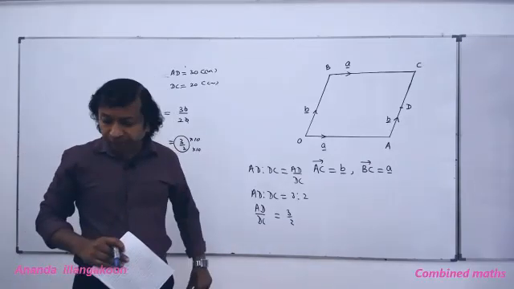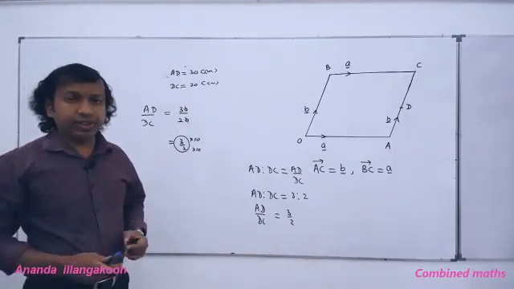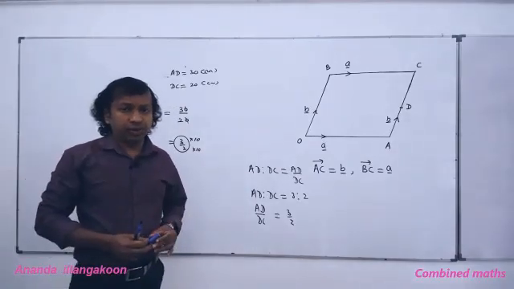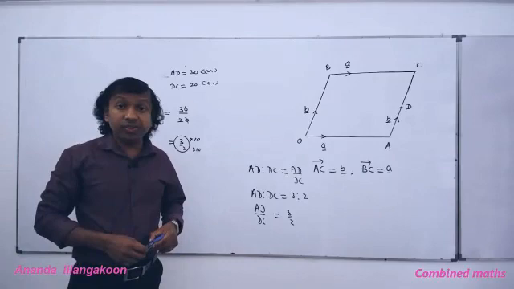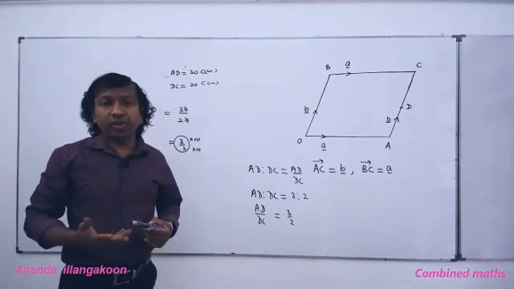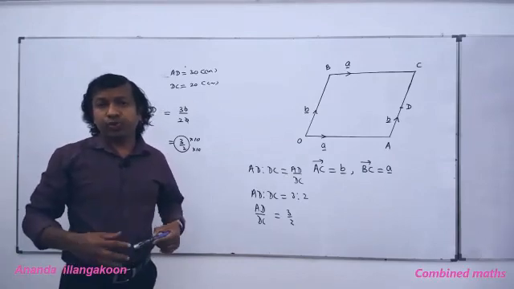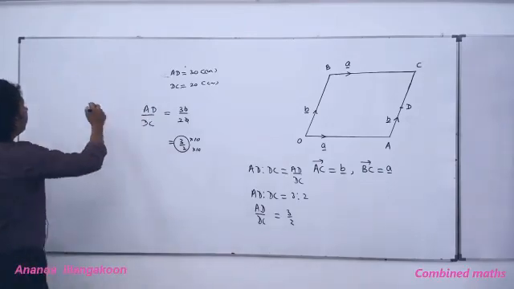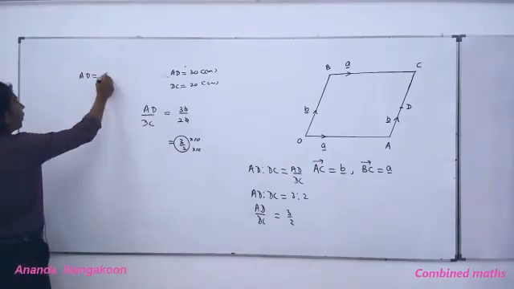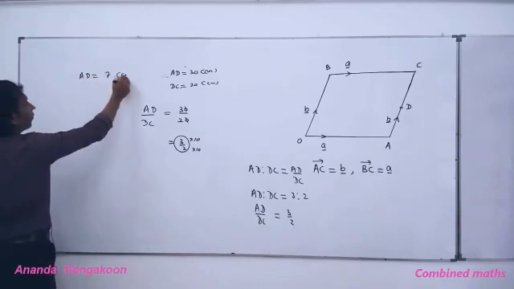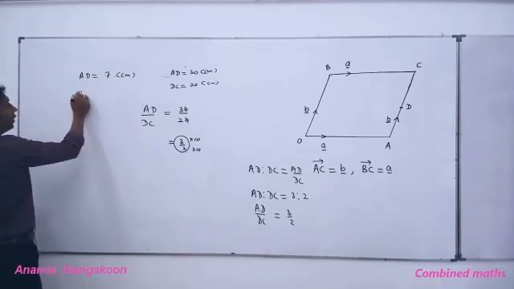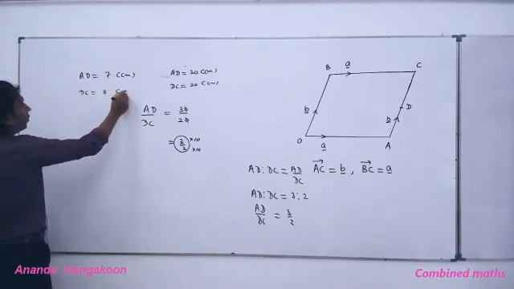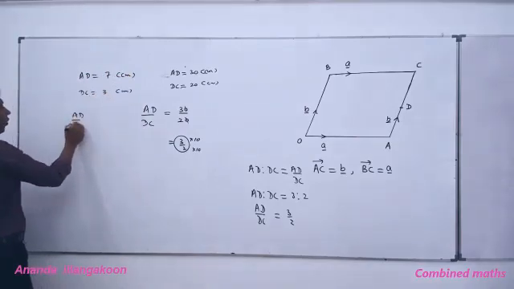So we have to very carefully understand what the ratio figure is and what the actual length is. The ratio figure does not always give the actual length. There are some situations where the ratio figure will give the actual length. For example, if I take AD to be 7 centimeters and DC to be 3 centimeters, then AD divided by DC is 7/3.